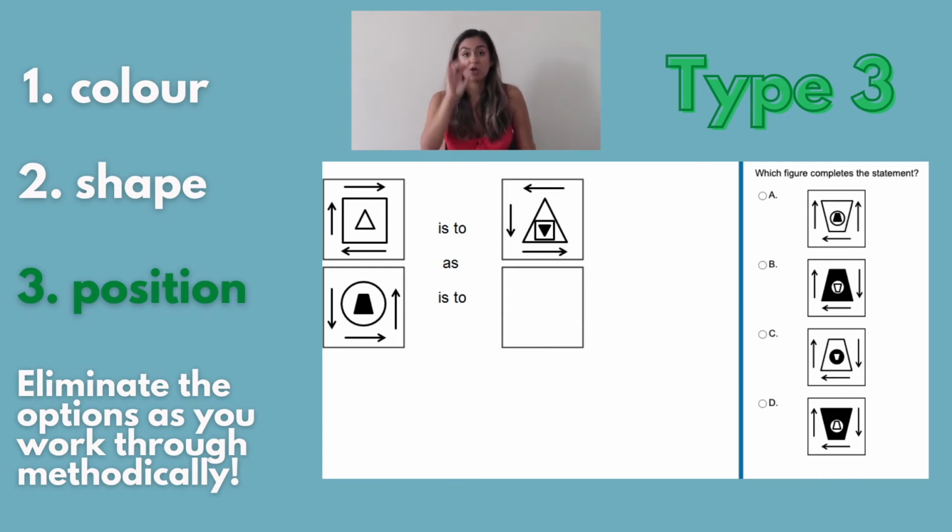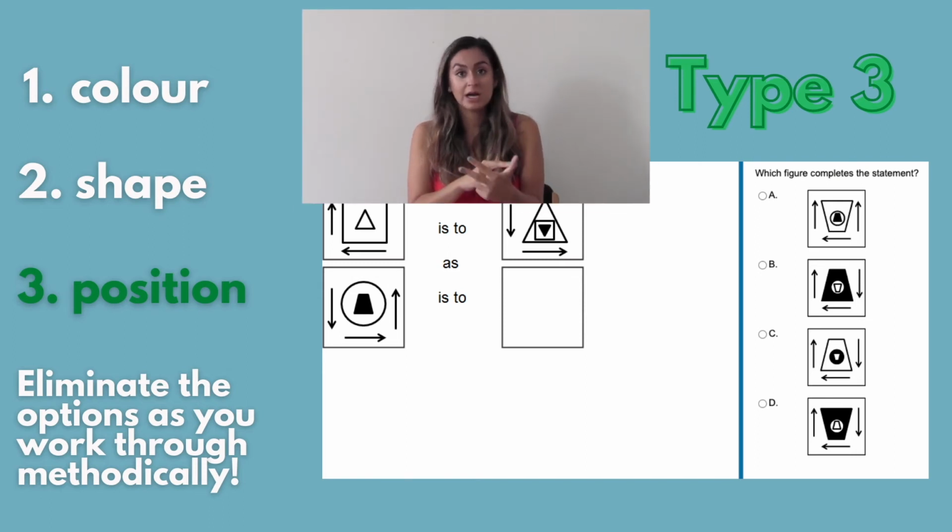Or it could be that the whole box has been rotated 180 degrees and the arrow has been flipped. So it's very important to focus on those 3 things: colour, shape and position. So that, guys, is question type 3 done and dusted.